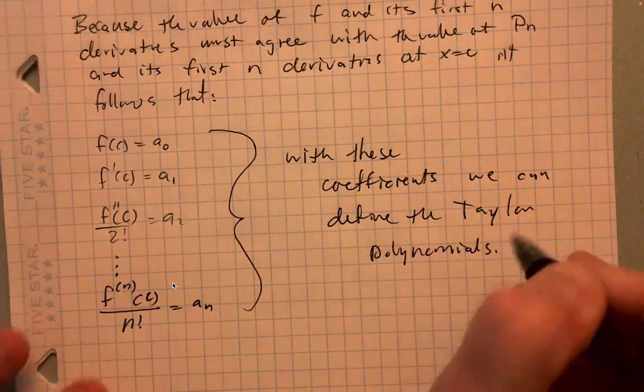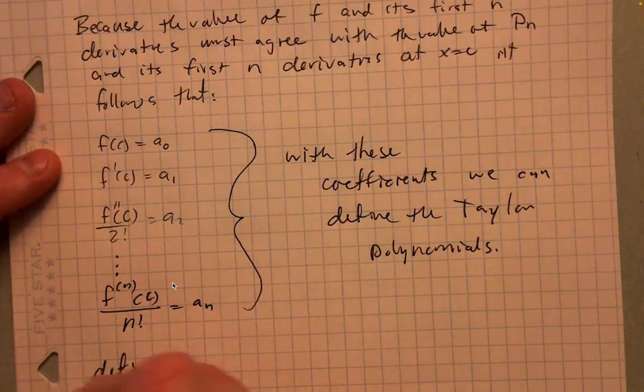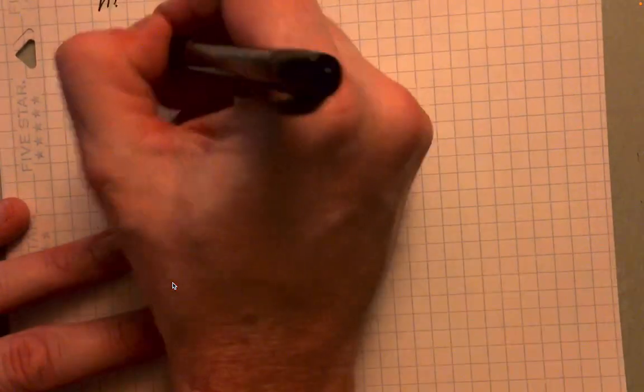Okay, and so here's the definition of a Taylor polynomial.